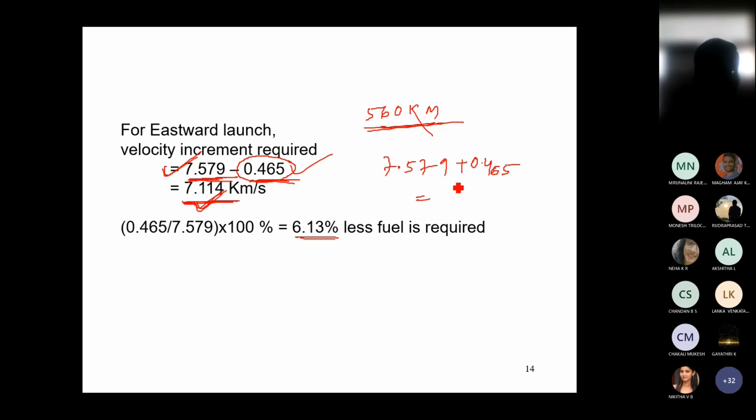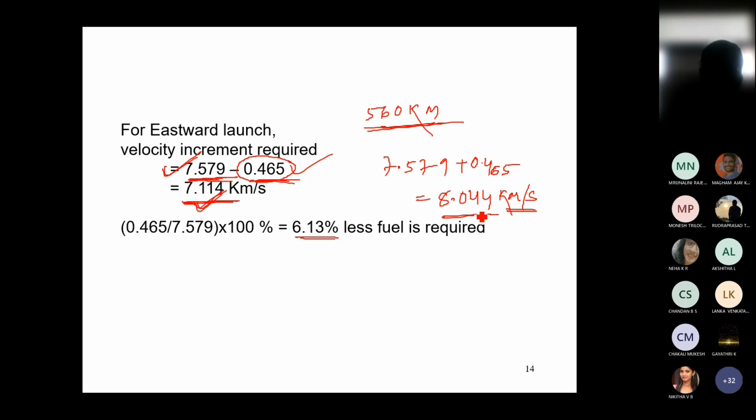If you calculate, it comes to 8.044 kilometer per second. So we have to launch the satellite at a velocity of 8.044 kilometer per second if you want to launch the satellite towards the west direction.